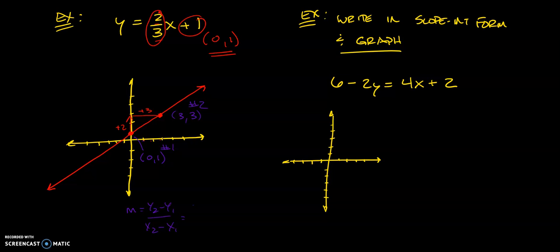So y2 in this case would be 3, y1 is 1, x2 would be 3, x1 would be 0. And so 3 minus 1 is 2, and 3 minus 0 is 3. Look at that, there's my slope. That is the same thing.